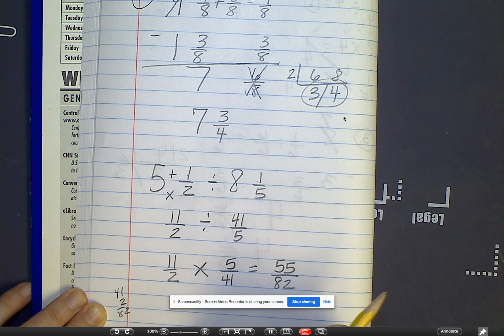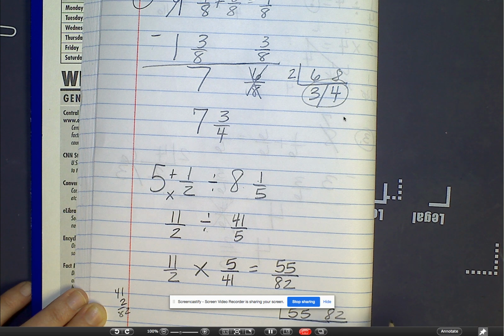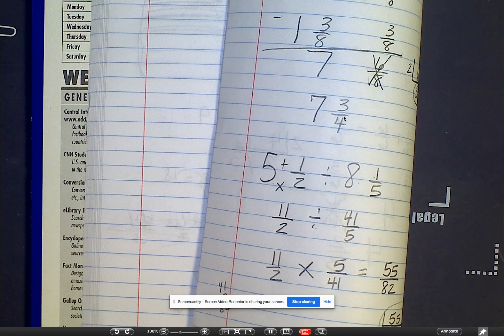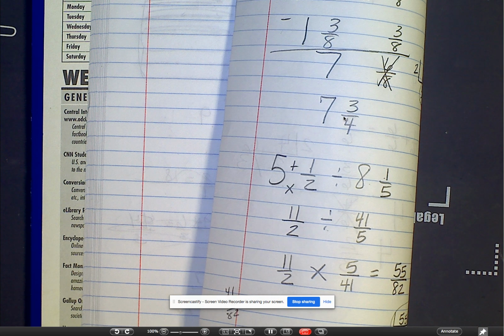So I'm wondering if that is going to reduce. So I'm going to try my basic numbers. I'm going to try 3. That won't go in. 4, no. 5 won't go into that one. 7, no. So that's my final answer, 55 over 82. So for number 7, the answer is 55 over 82.